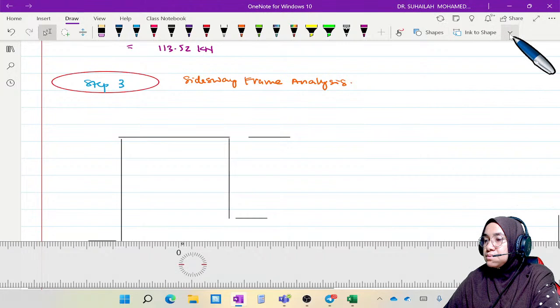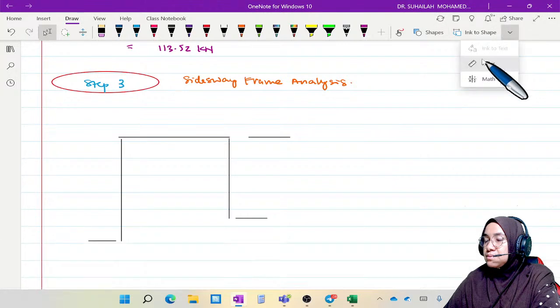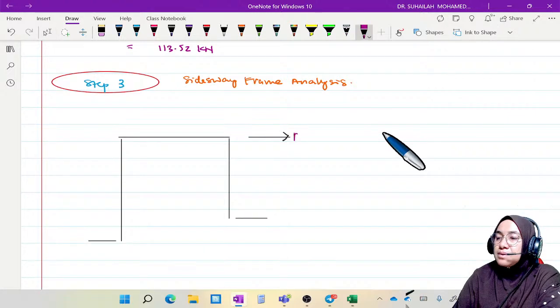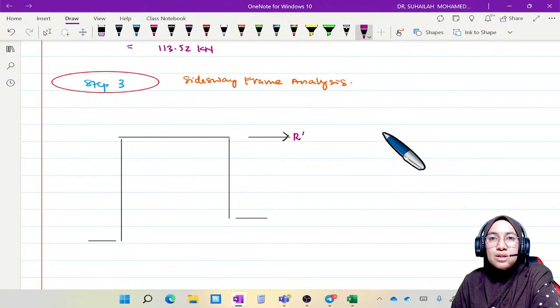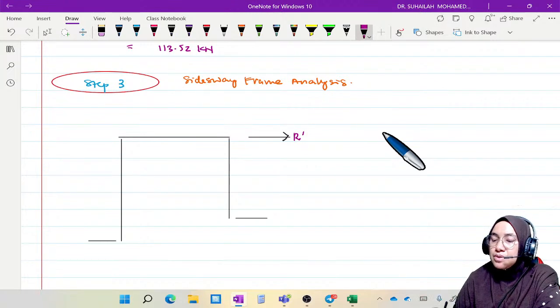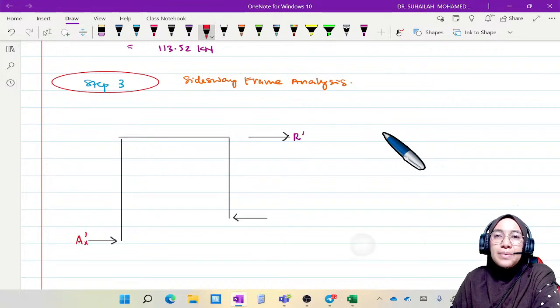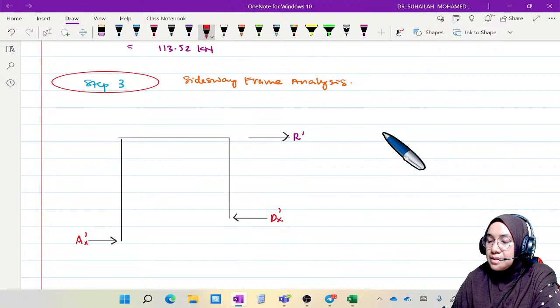So we have the frame subjected to only R prime. Here we have Ax prime and Dx prime.